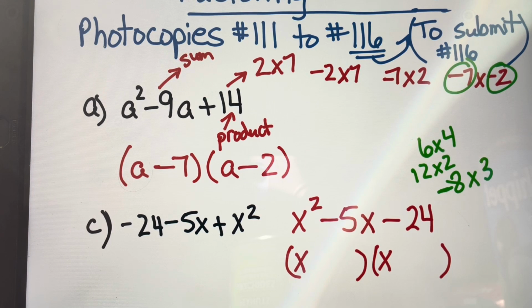And one single negative in my multiplication would make the negative I need for negative 24. So I'm going to make my answer negative 8, positive 3 in the bracket. And of course, when you're finished, you can check it by multiplying each of those terms.